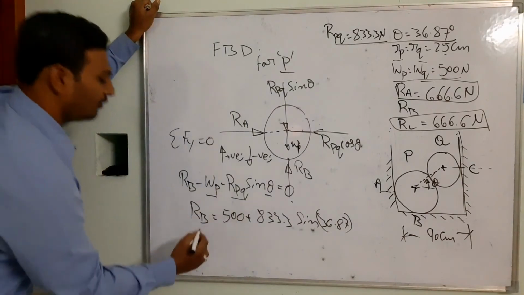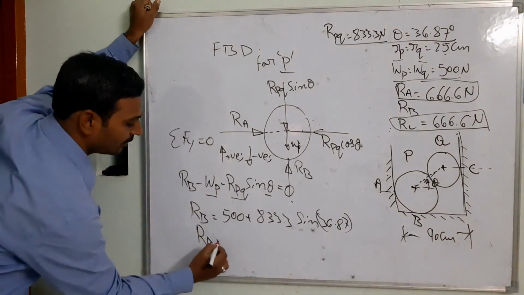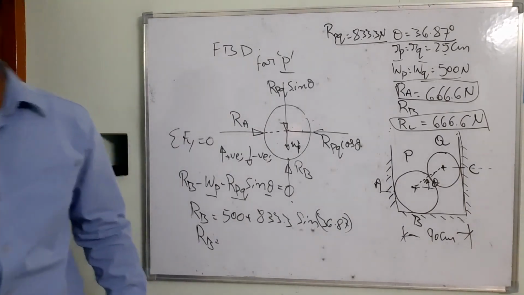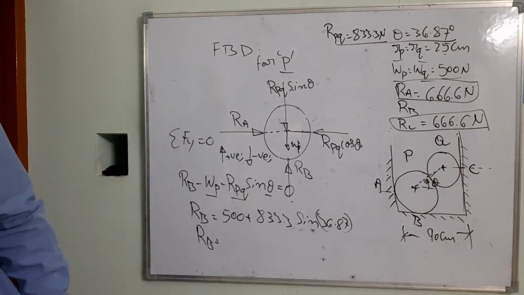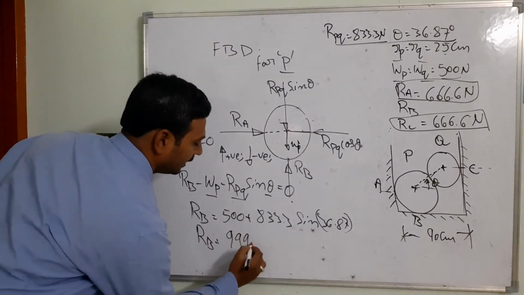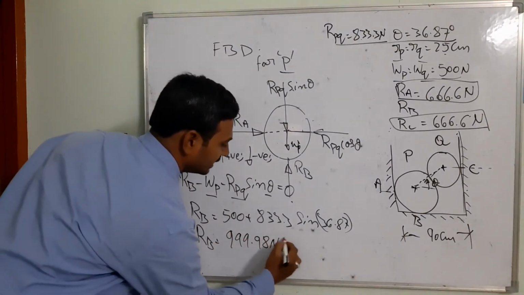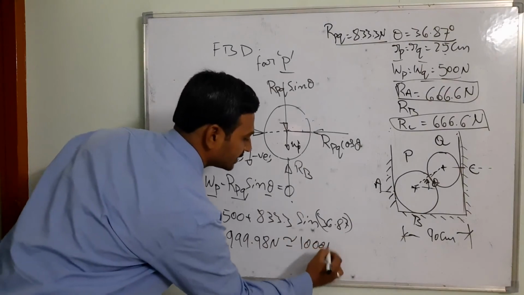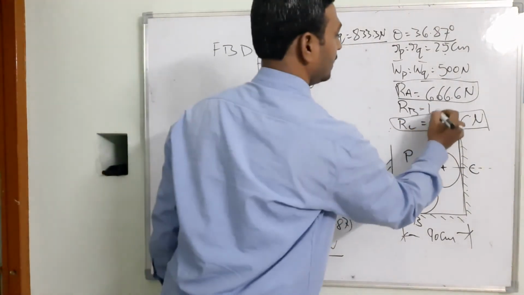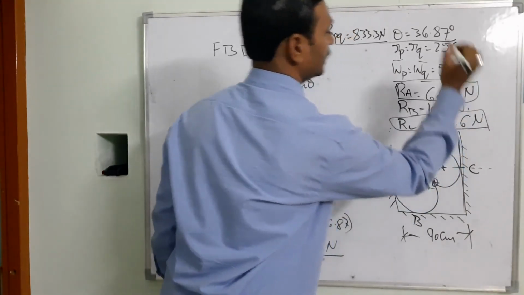If I simplify this equation, I will receive your RB. What is the value of RB? If I simplify, that's going to be around 999.98 newtons. That is approximately 1000 newtons coming from the floor, at B. So I am going to take 1000 newtons.